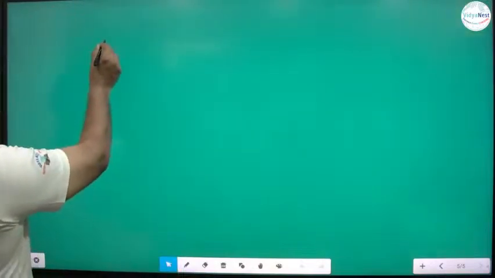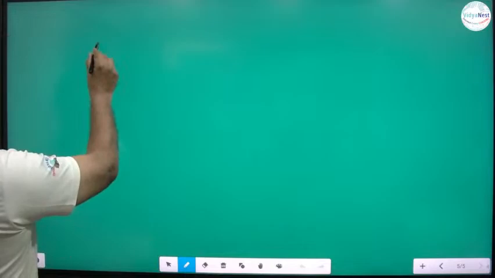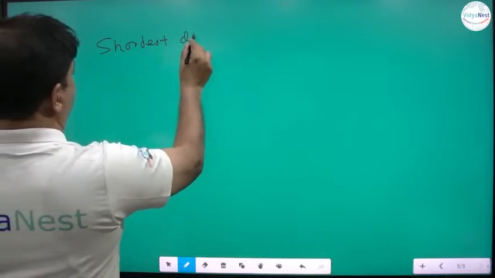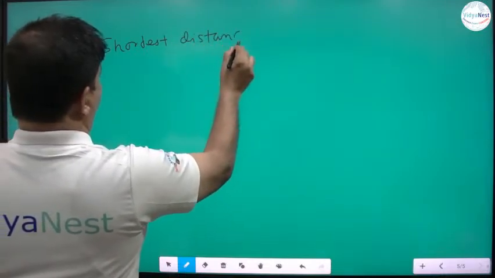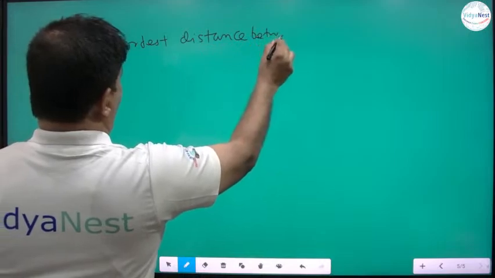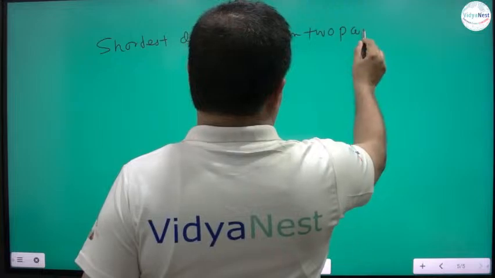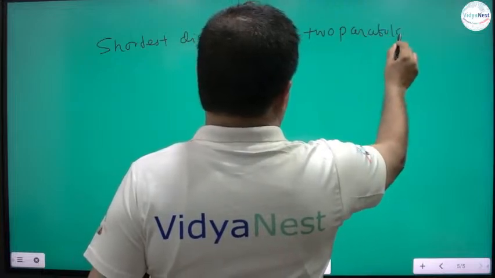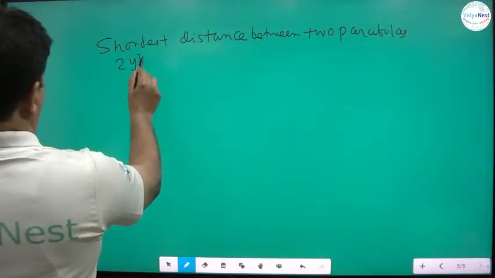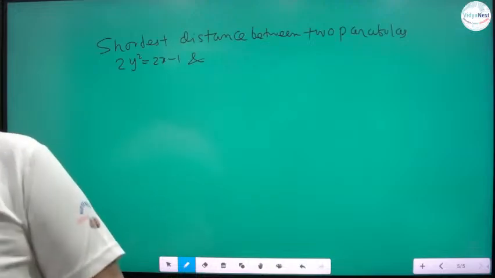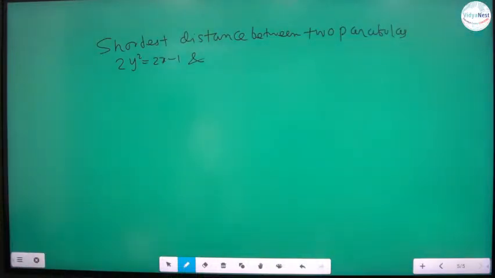The shortest distance between the curves, and 2x square.